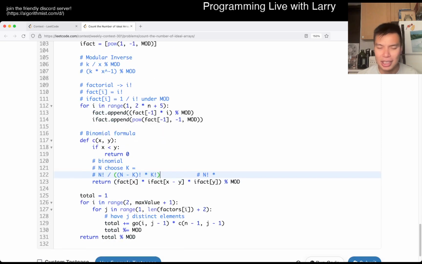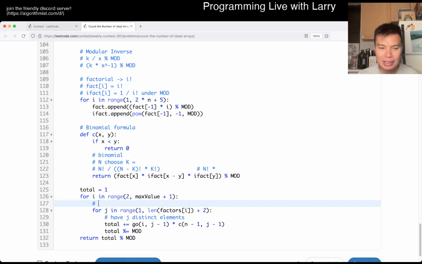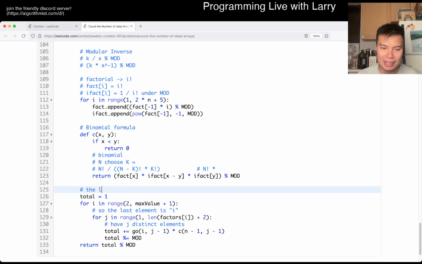And here, this is just brute force again. This is basically for each value, we go, okay, so the last element is I, and here I start with total equal to 1 because the last element is 1, which is just 1, 1, 1, 1, so it only has one entry, right?